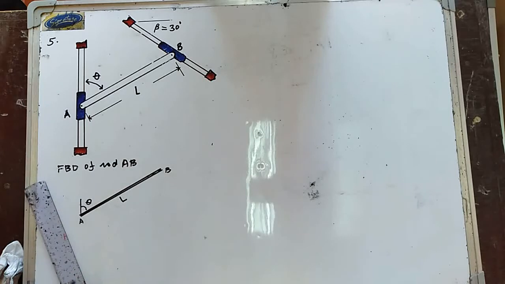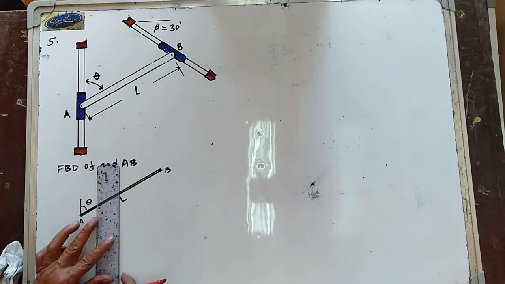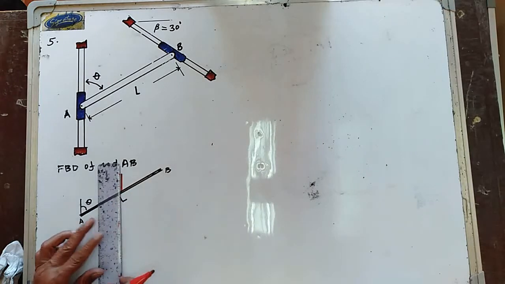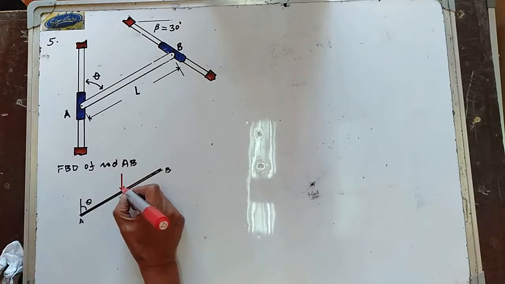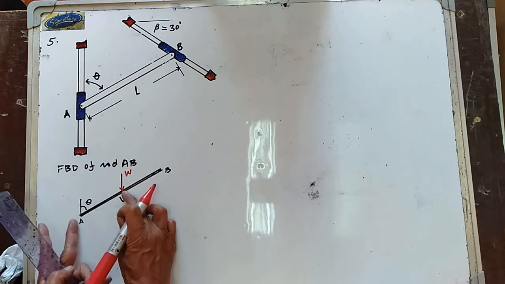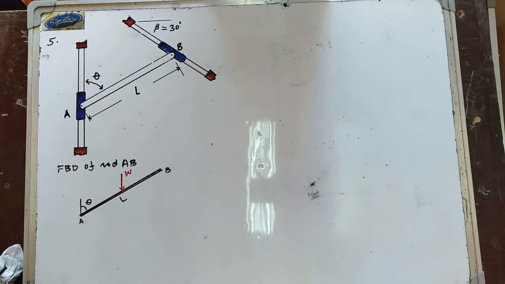So we now have the forces acting on the rod. So we have the weight, which is equal to W. This is the weight, and this one is now equal to W. So this is L over 2, and that one is L all over 2.